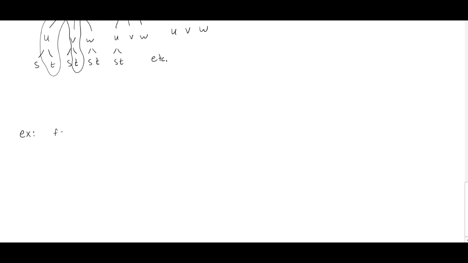Okay, so let's say I have a function of x and y. And then again, let's just assume x is a function of s and t. Likewise, that y is a function of s and t. Okay? Now, this time I'm not going to give you what all these functions are, but I'm going to give you some information about them.